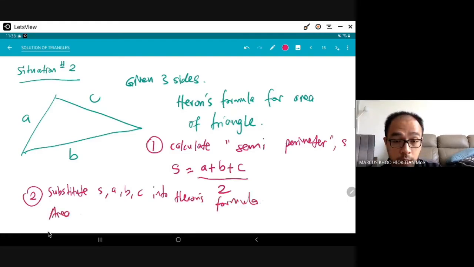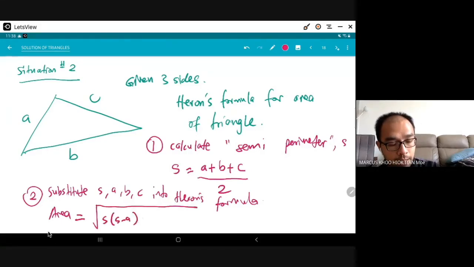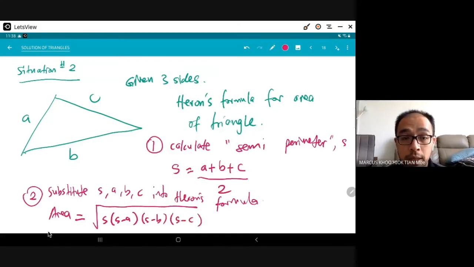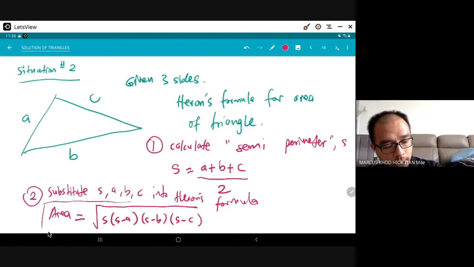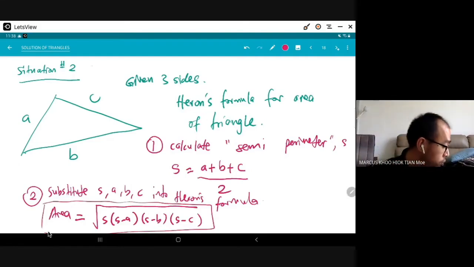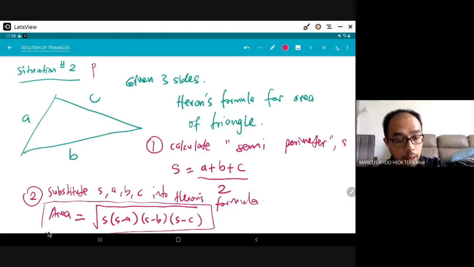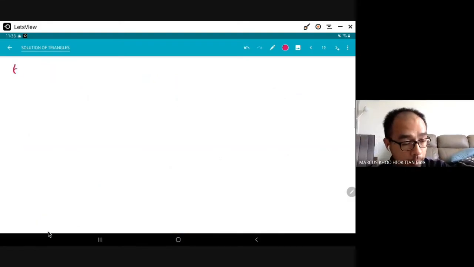Area equals square root of S times S minus A times S minus B times S minus C. Now it looks very complicated, like, wow, I've got so many letters. But actually, if you think about it, it's very simple. This formula is in your textbook, page 259. You can also refer to this. Let me give you an example.